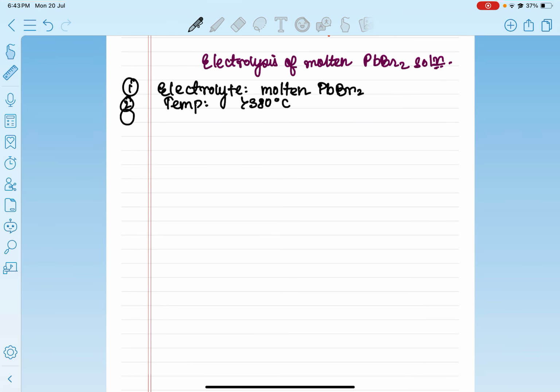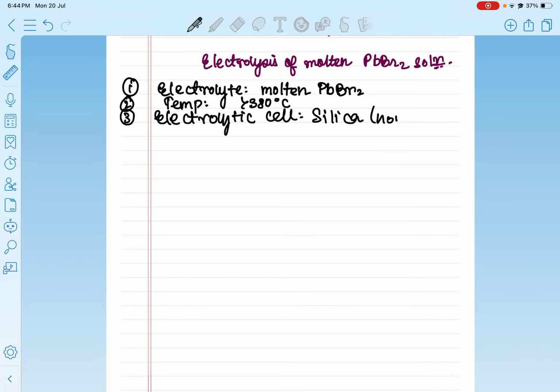Then we have the electrolytic cell, the voltameter. We are using a silica crucible. Why is it made of silica? Because silica is non-reactive.